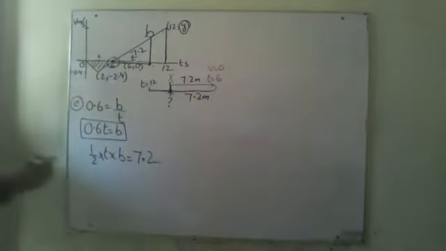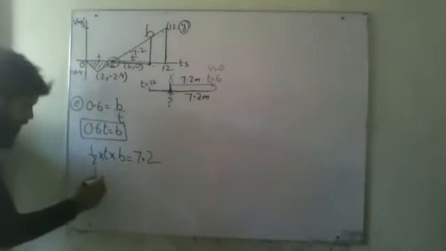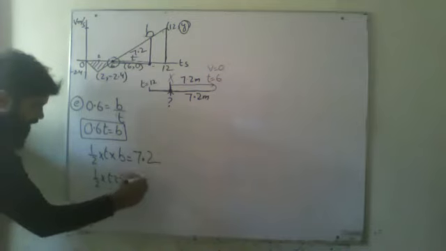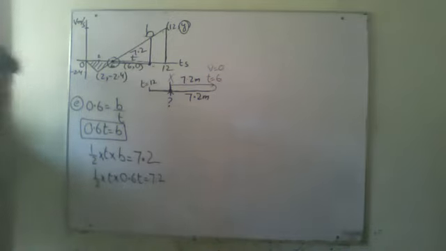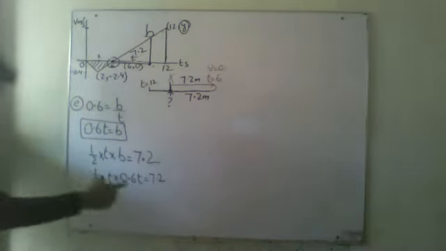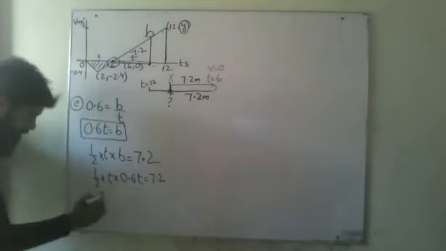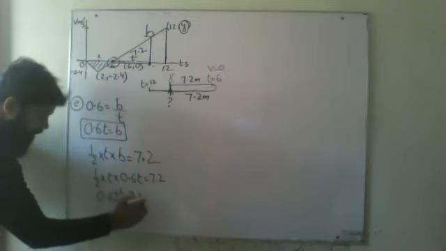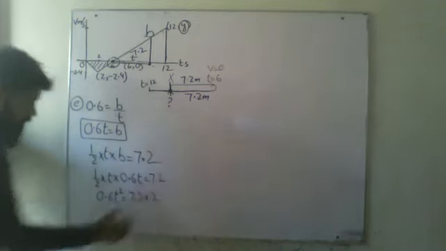Plugging in the value of B, half into T into 0.6 T equals 7.2. When I simplify it, this becomes 0.6 T square equals 7.2 into 2.